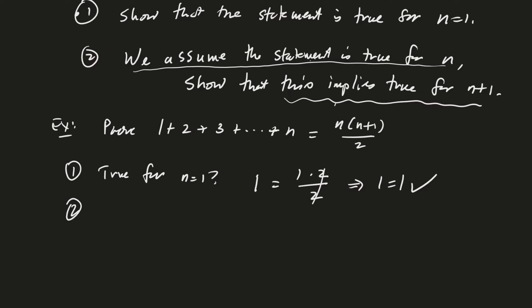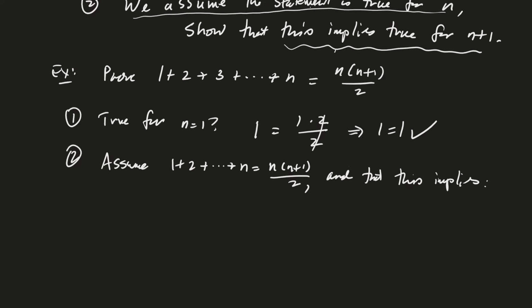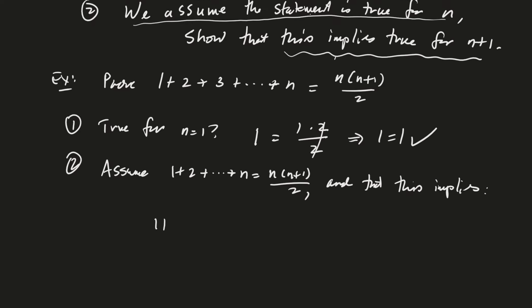Step 2. We're going to assume that 1 plus 2 up to n is equal to n times n plus 1 over 2, and that this implies that the statement is true for n plus 1, which means 1 plus 2 plus 3 plus up to n plus n plus 1.